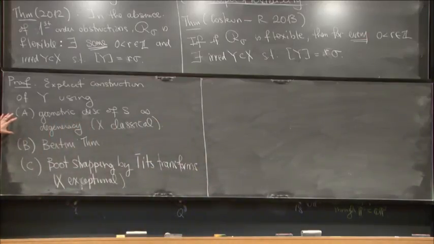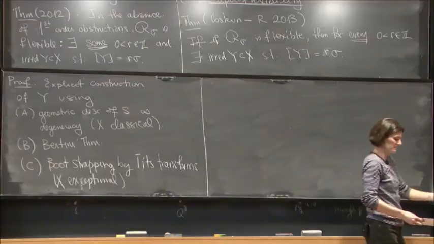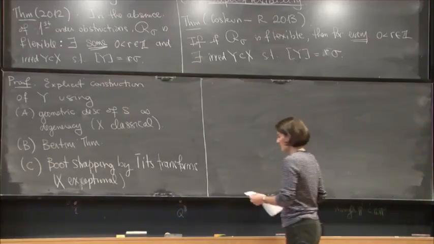So let me give you an idea of how this construction works in the Grassmannian. We'll look at a simple example. It captures the idea of the arguments in general.